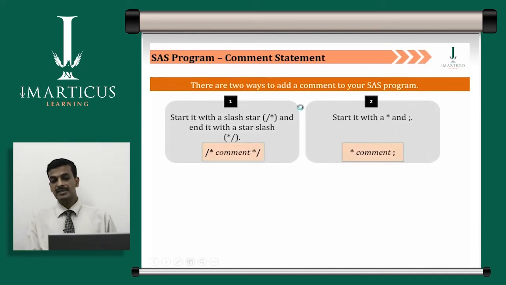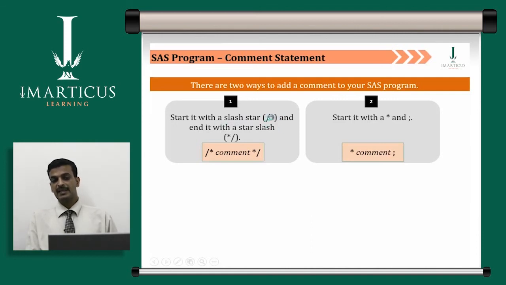While writing code in the SAS editor, if you want to document your code, say you are implementing some important business logic and afterwards you are going to hand over this code to your peers or colleagues in your team, for their better understanding you can document the business logic by putting it within comment symbols. We have two comment symbols in SAS.